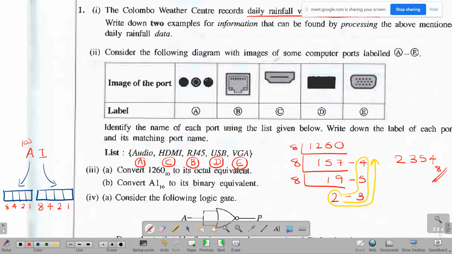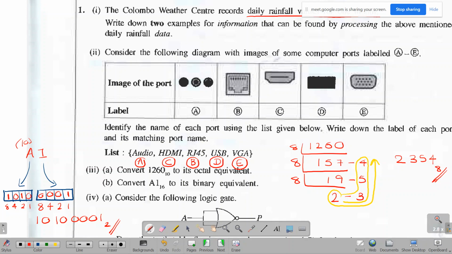A means 10. So we can illustrate 10 by putting 1 for the 8 and putting 1 for the 2. So the rest of the things are zeros. 1 can be illustrated by putting a 1 above 1 and keeping the other places as 0. So the binary value is going to be 1 0 1 0 0 0 0 1 in binary.